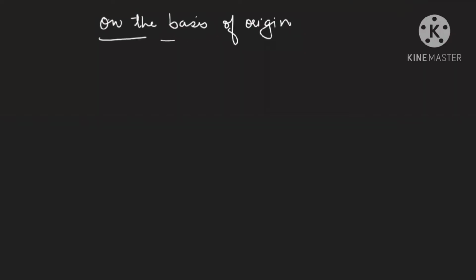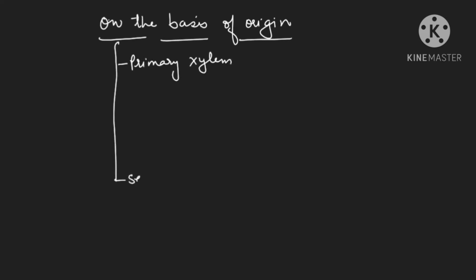Now, on the basis of origin, xylem is divided into two, primary xylem and secondary xylem. Clear? Now, primary xylem is the one which is developed from procambium during vascularization.